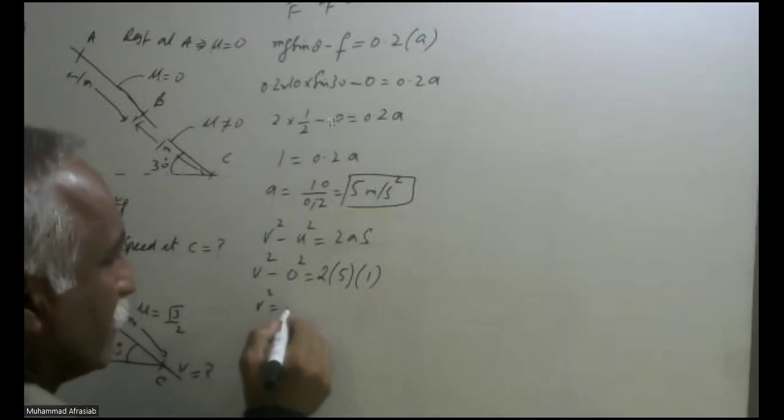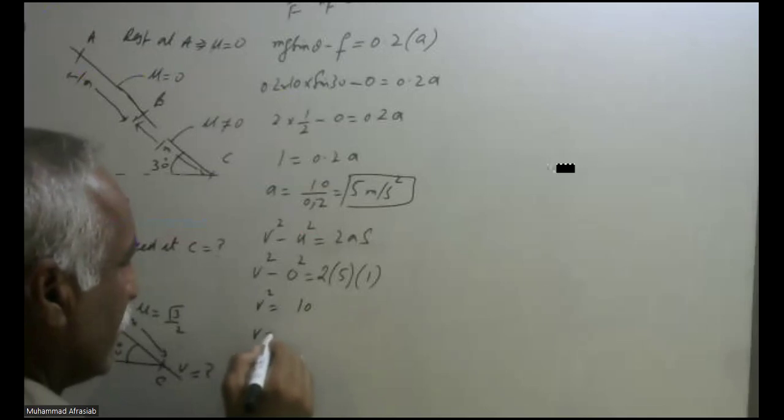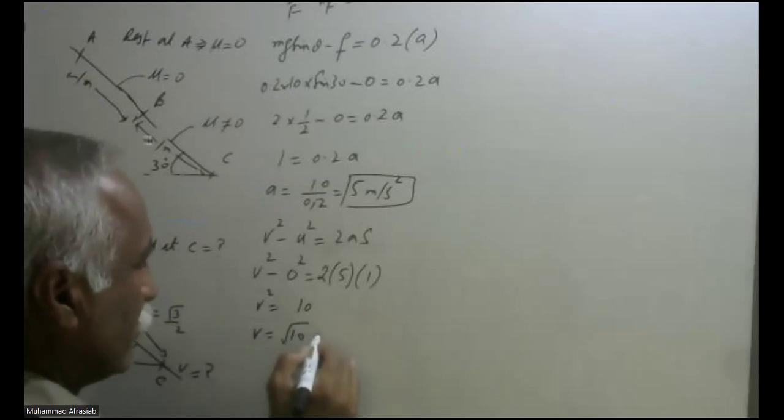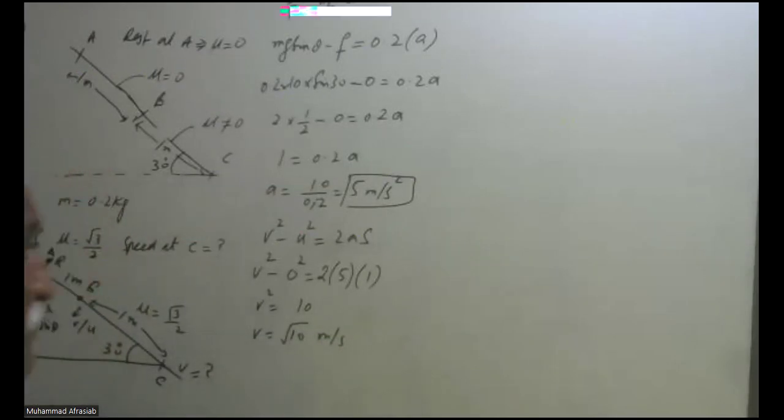So v squared is equal to 10, or v is equal to root 10 meters per second. But this is the speed at B. The same speed at B becomes the initial speed, which is equal to root 10.